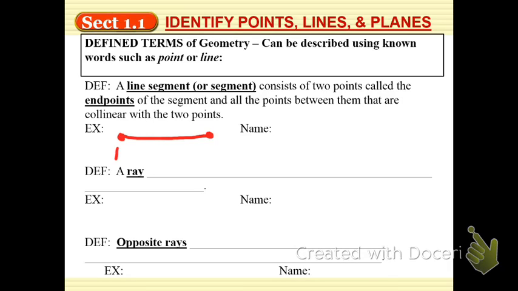And if these were points A and B, I would name it AB with a segment over it. No arrows on the segment above it. It's just a segment. If it were a line, I put arrows on the end of this symbol. But it's just a segment, so I just draw a line. That's segment AB.